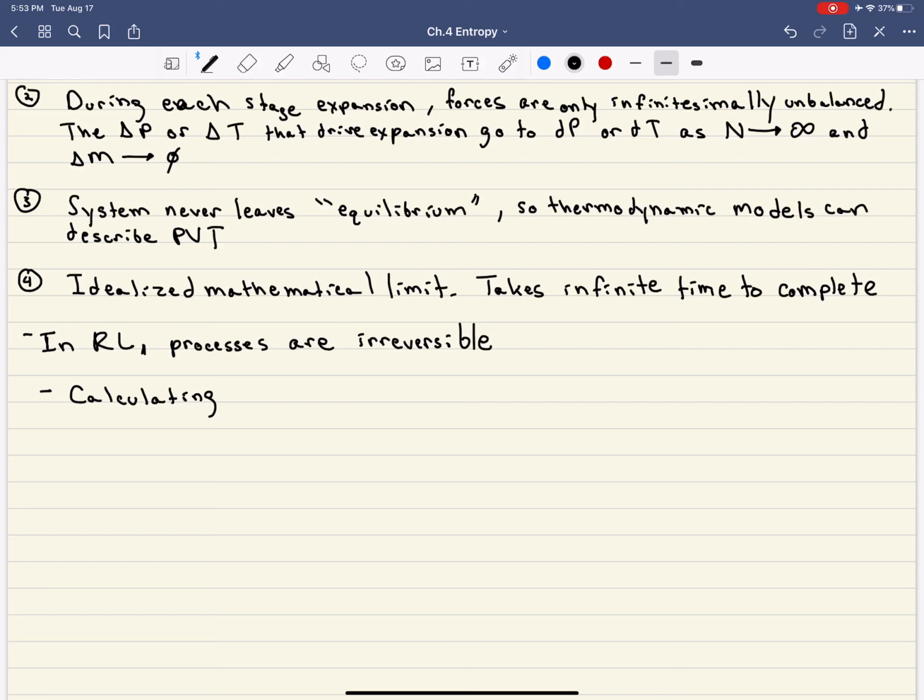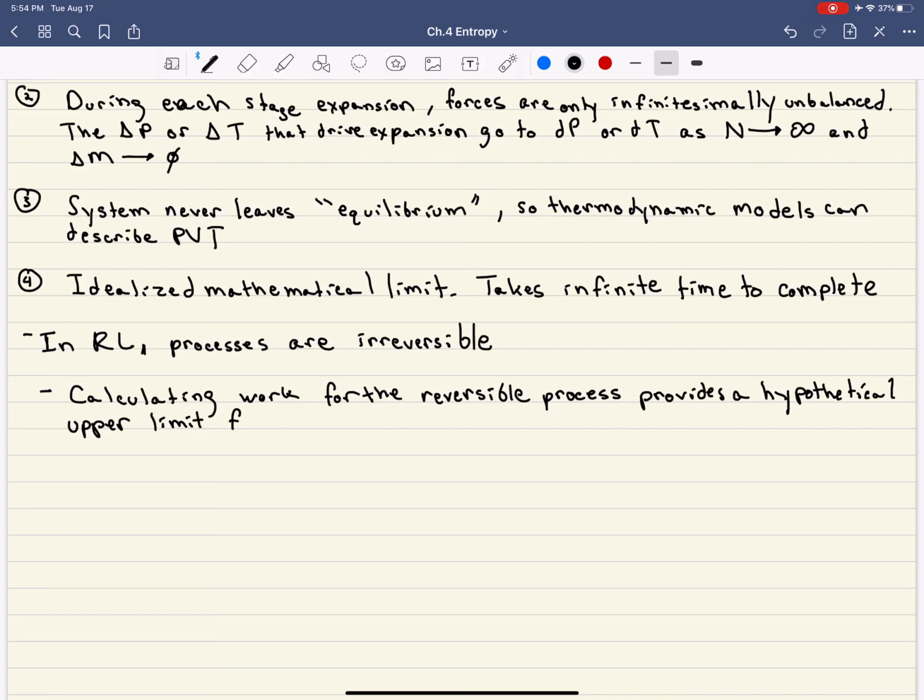Okay, and so calculating work for the reversible process provides a hypothetical upper limit for energy available. Right?